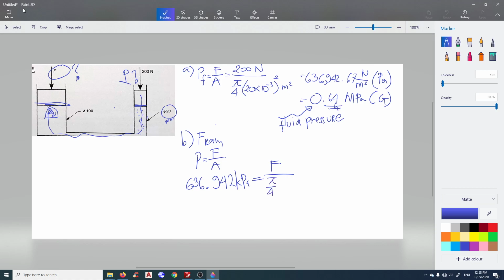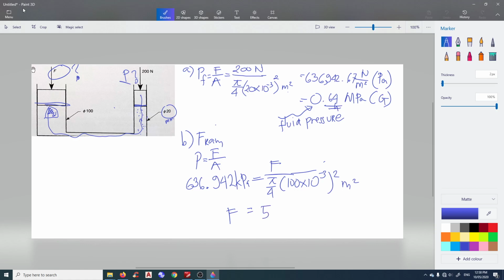Again, quarter pi d squared. Have to convert the 100 mm into meters, and don't forget to square it. That's meter squared. So the force of the ram is 5.